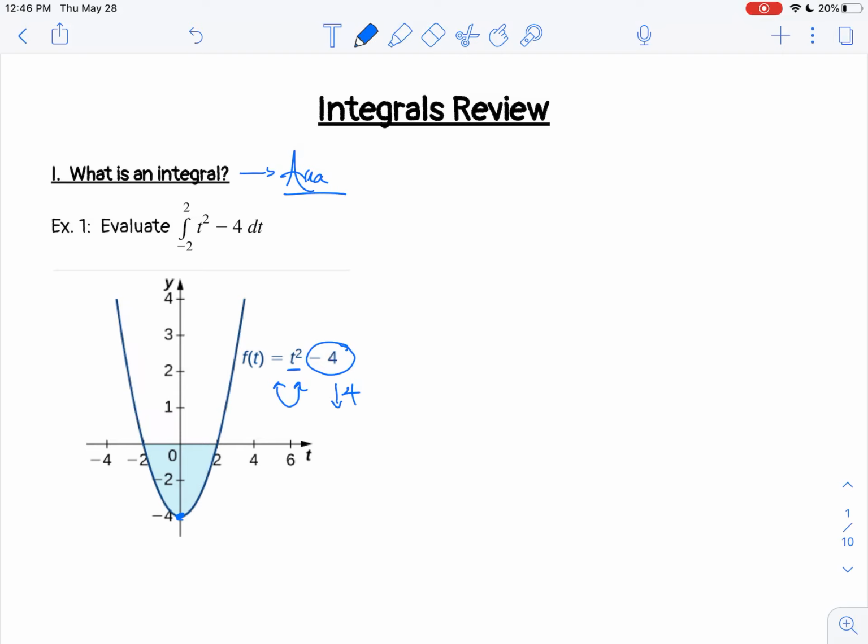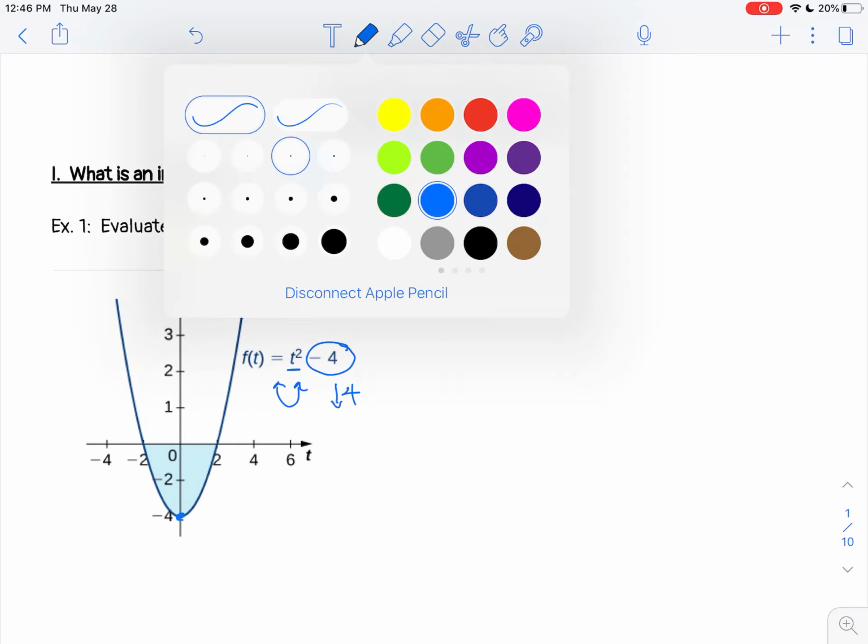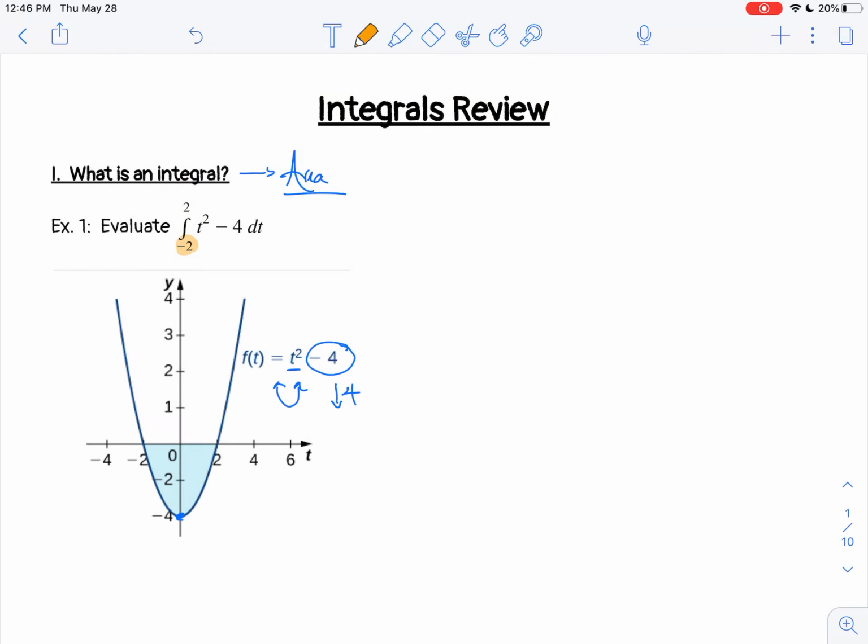Now, what about the other parts to this integral? Well, this number down here, -2, represents where we start counting our area. A lot of times, this is also called our A value, or our bottom bound.